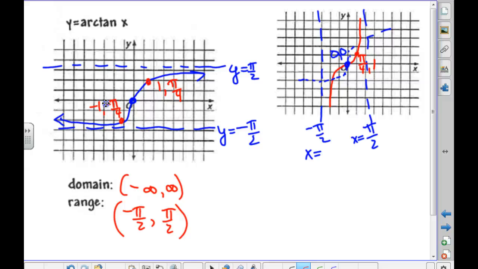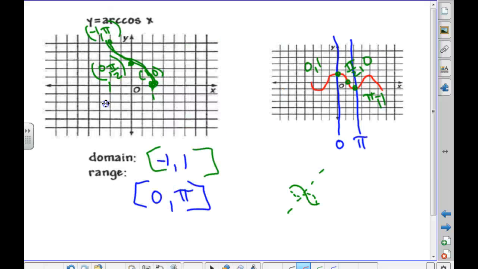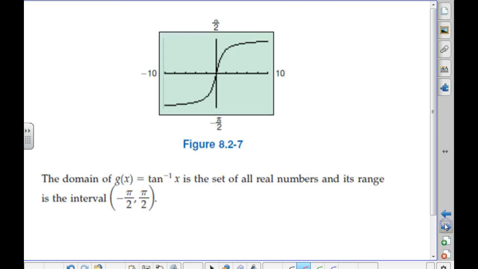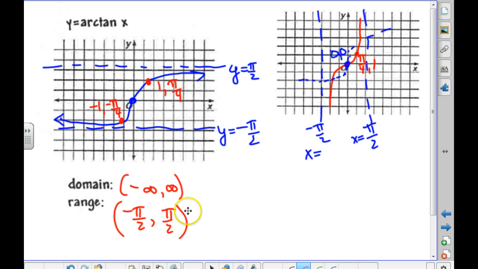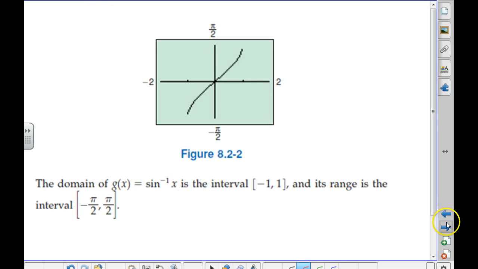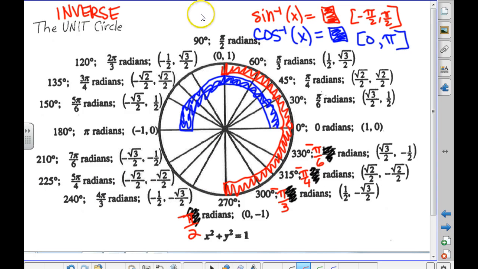Look at that range. Does it look familiar? Negative pi over 2 to pi over 2? Yeah, it does. It is the same as the sine.